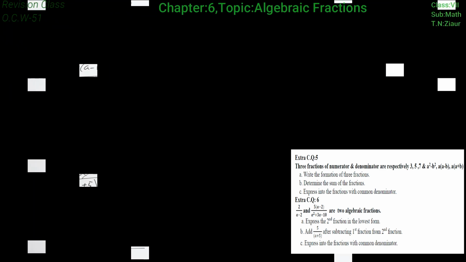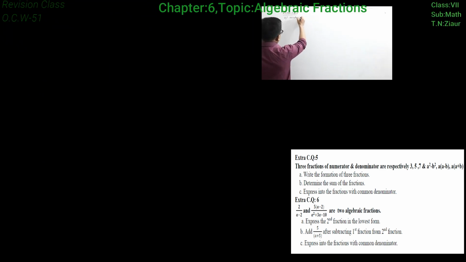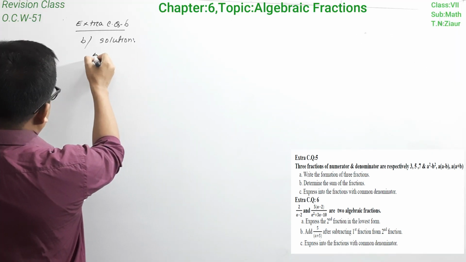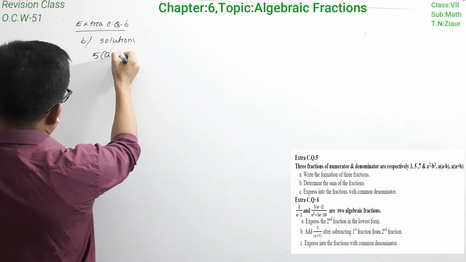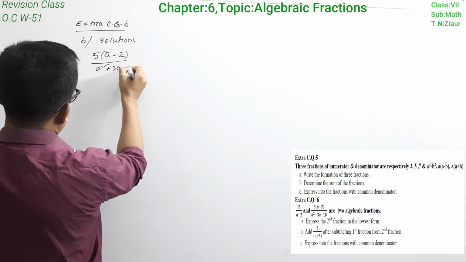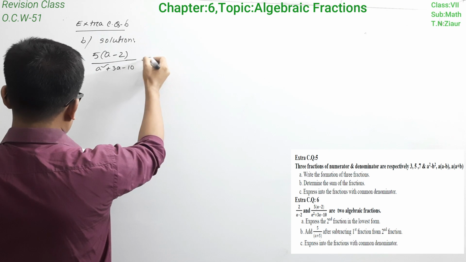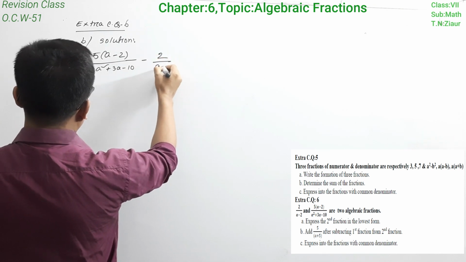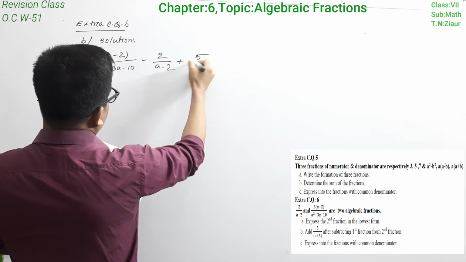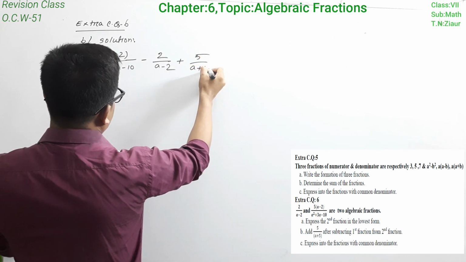Okay, now b number. B number solution, here given second fraction. So first you can write the second fraction, 5 into a minus 2 by a square plus 3a minus 10, then minus 2 by a minus 2, then you have to add 5 by a plus 5.